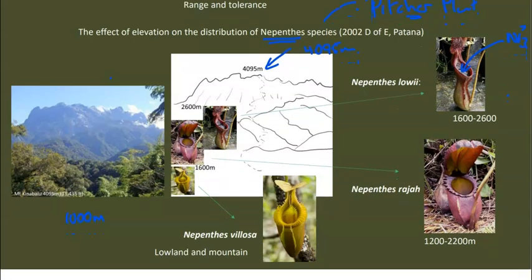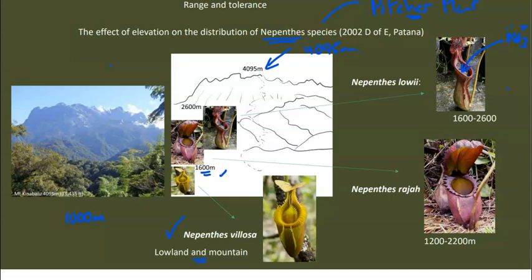As we ascended the mountain from 1,000 to 1,600 meters, we observed the presence of Nepenthes villosa, this yellow plant. This was typical of lowland areas and lowland mountainous areas up to about 1,600 meters.